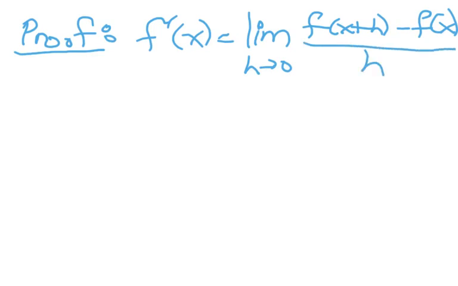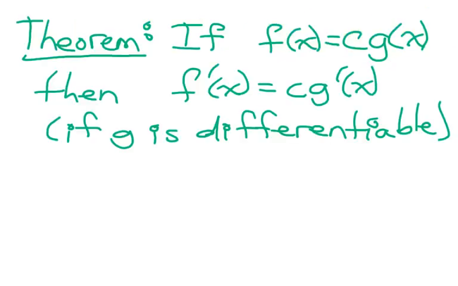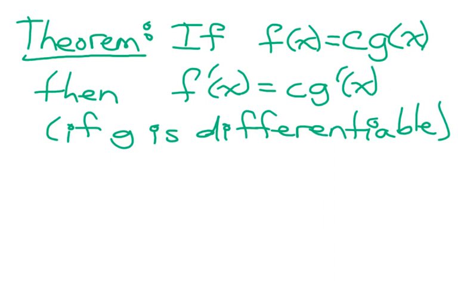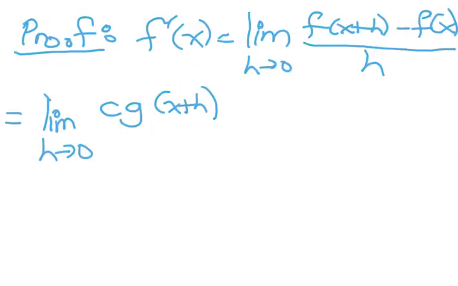Straight up definition of the derivative. Now, anywhere there was an x, we're going to replace it with x plus h. In other words, this is the limit as h approaches 0 of c times g of x plus h, replacing every single x with x plus h inside a bracket, minus f of x, which was c times g of x.